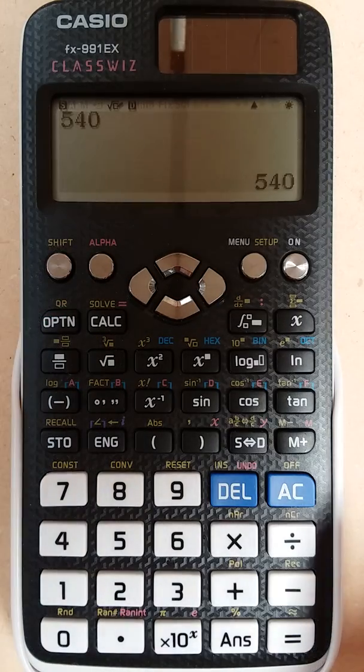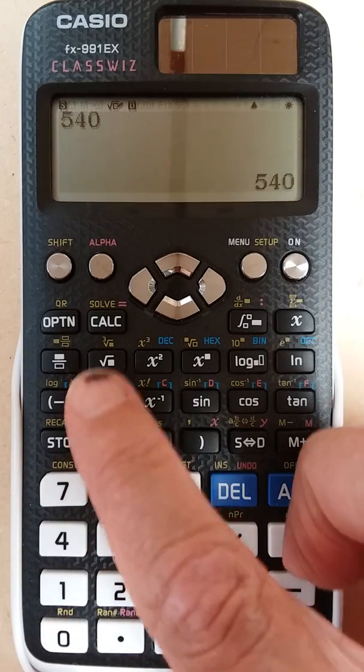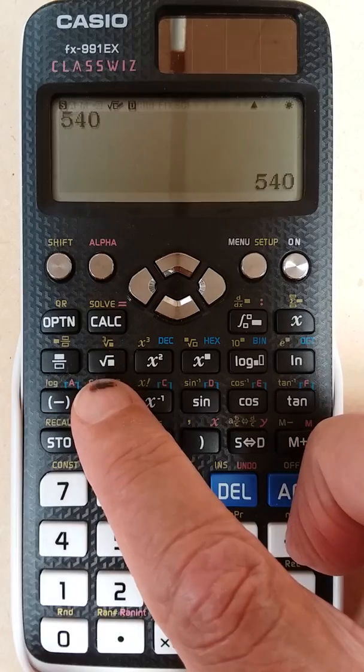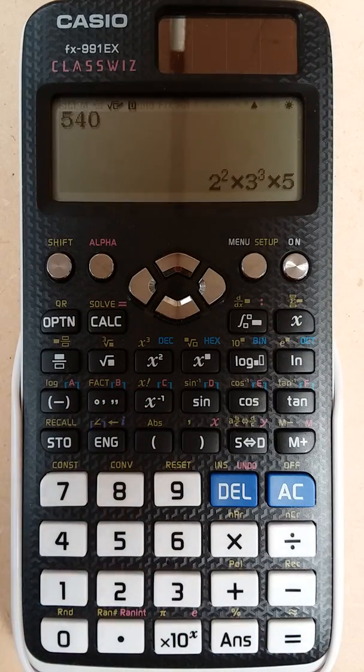Make sure you see the S there, and then hit this funny one, degrees, minutes, and seconds. It's got FACT above it, fact. That's for factorial. And when it comes up, it tells you it's 2 twice, 2 times 2. 3 happens to be 3 times, 3 times 3 times 3, and 5 once. Those are the factors.